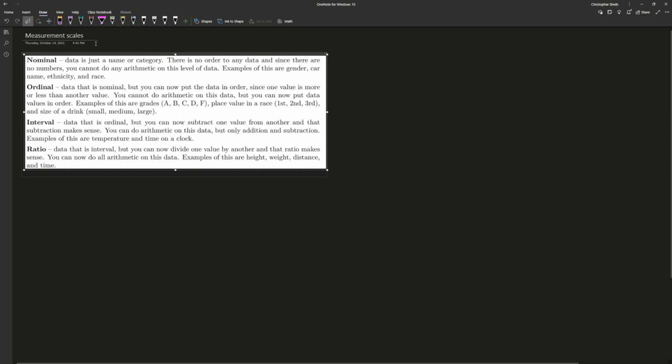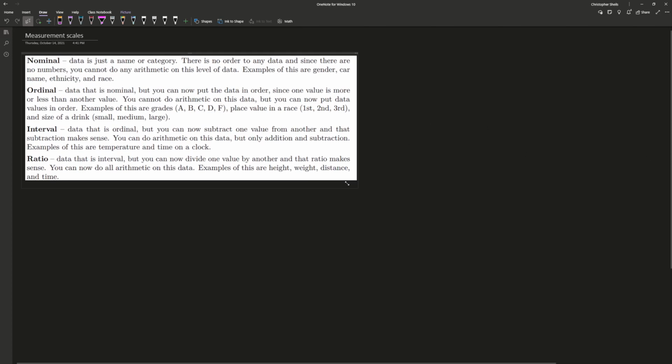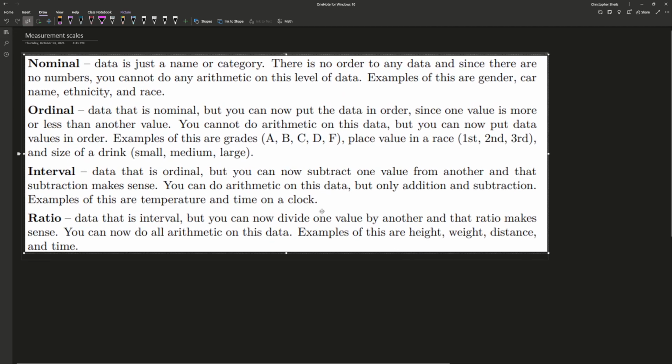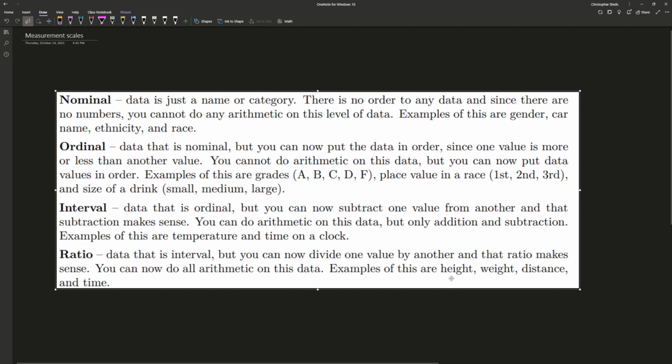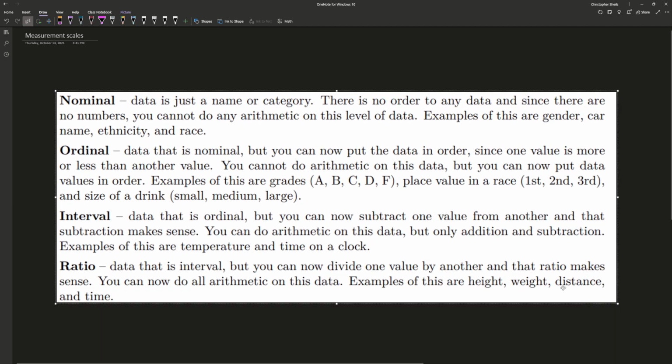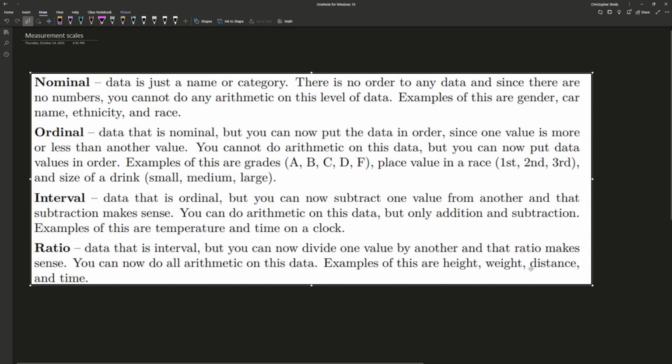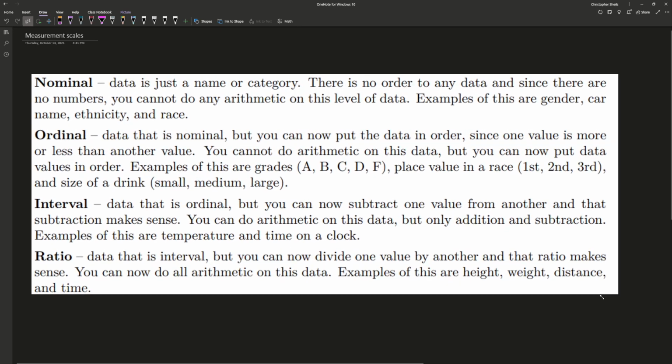There are also 4 measurement scales for different types of data. Each of these measurement scales builds on the measurement scales that come before it. So there we have nominal.